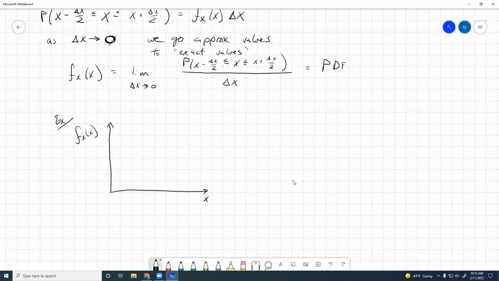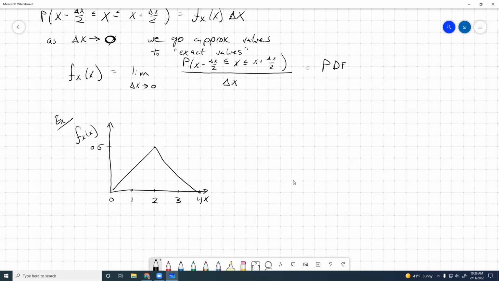We're going to do a simple triangular function here. It peaks at 2, a symmetrical function, which takes on a probability density value of 0.5.